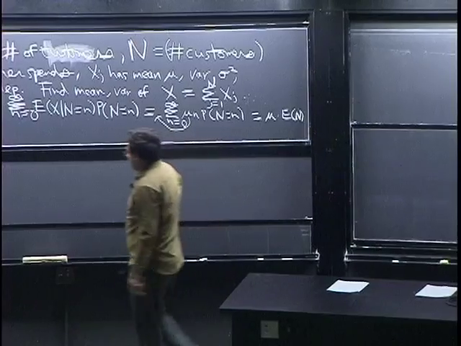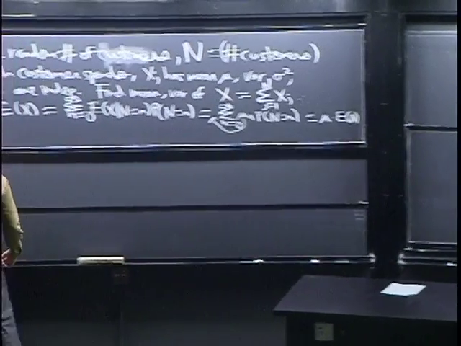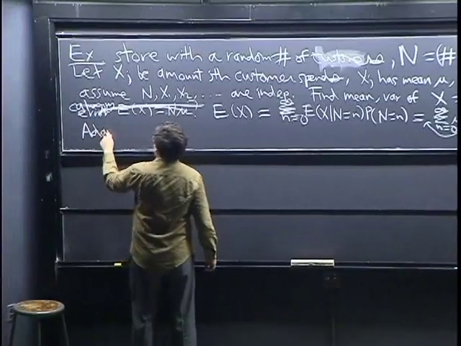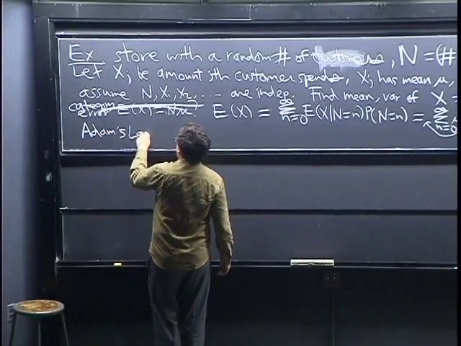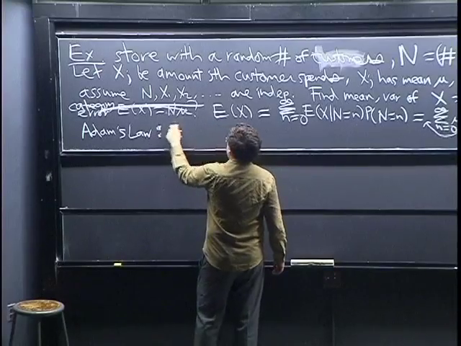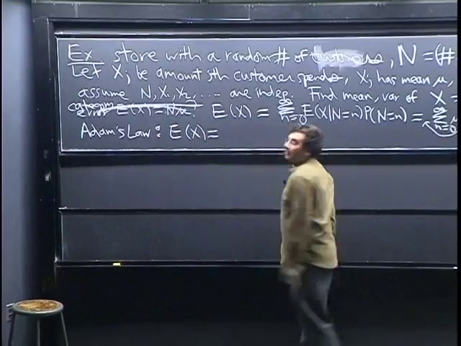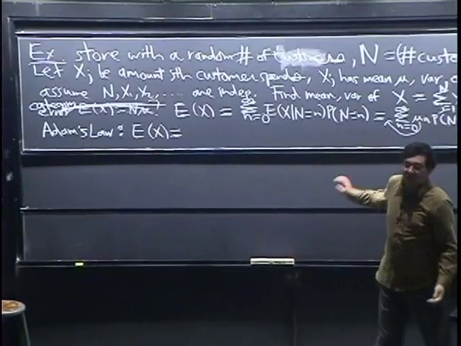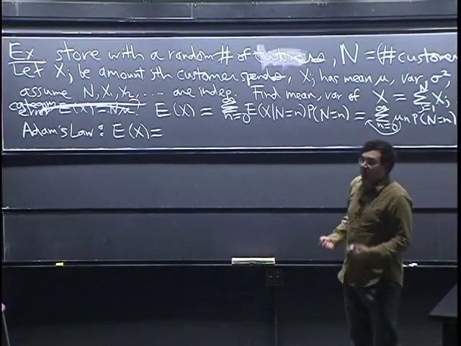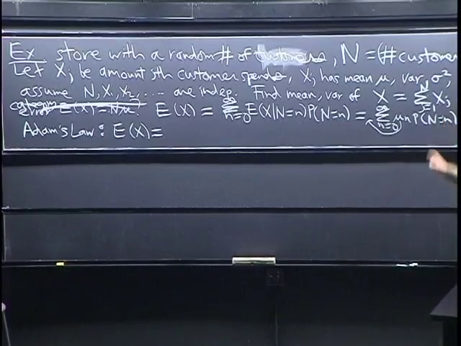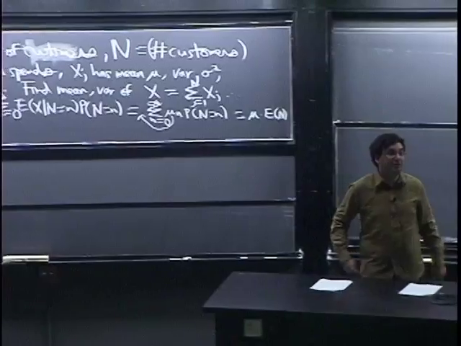So let's also do this using Adam's law, which is the same thing. It's just a more compact notation. So we want E of x. We want to condition on n, because then we can just apply linearity, right? It's more familiar to deal with a fixed number of terms rather than a random number of terms.